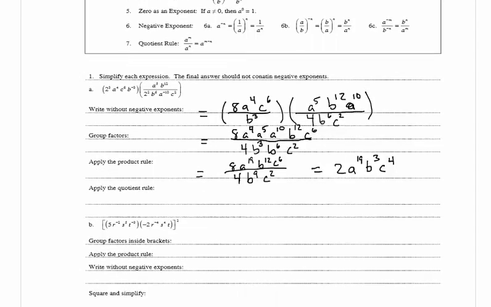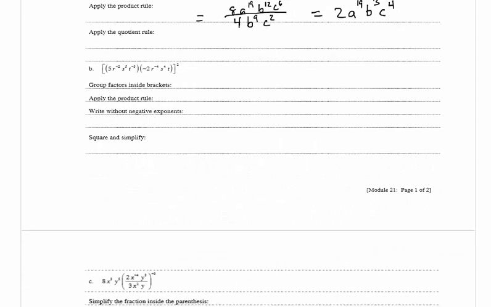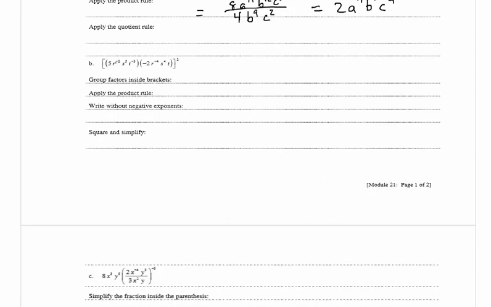In b, we have 5 times r to the negative 2 times s to the 5th times t to the negative 3 times negative 2 times r to the negative 4th times s to the 4th times t, and all of this squared. So the first thing it wants us to do is group factors inside the brackets.